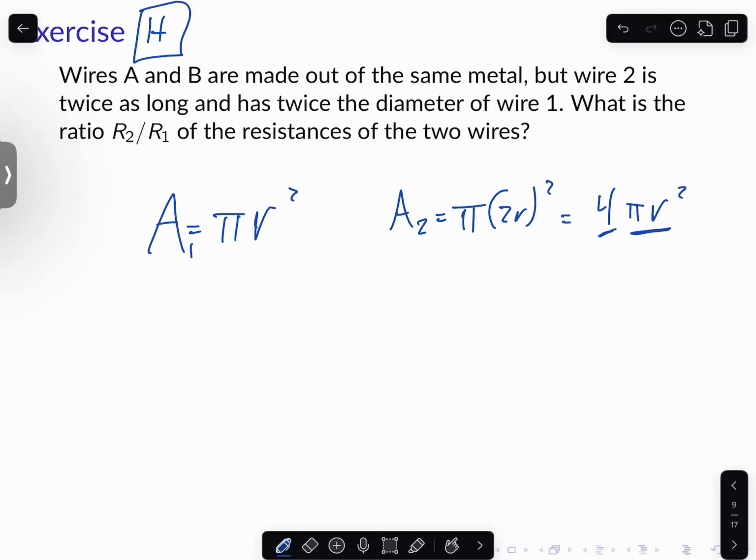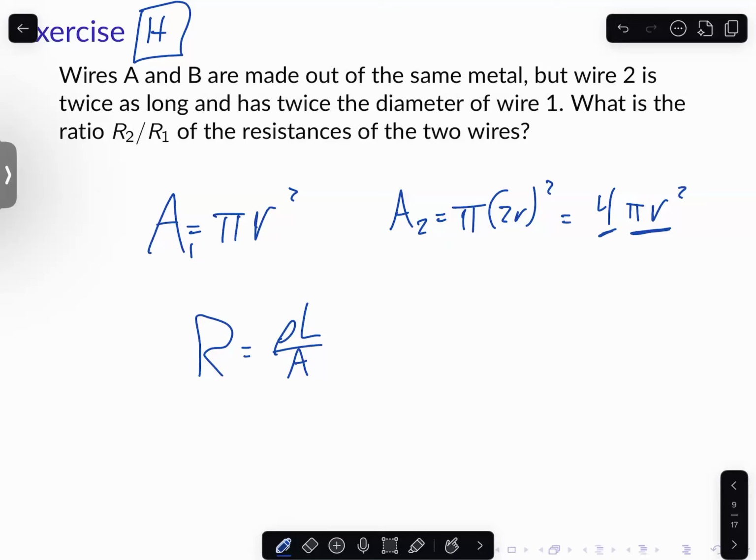Okay, what's the formula for resistance? To solve this problem, you have to consider 2 factors. What is length doing? What is area doing? If area quadruples, what happens to 1 divided by area?